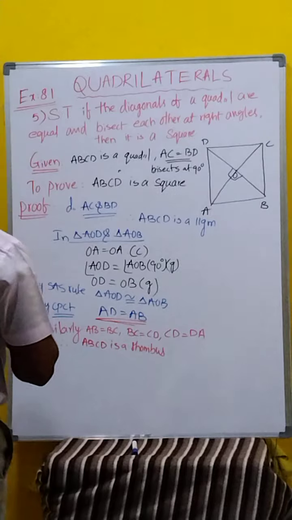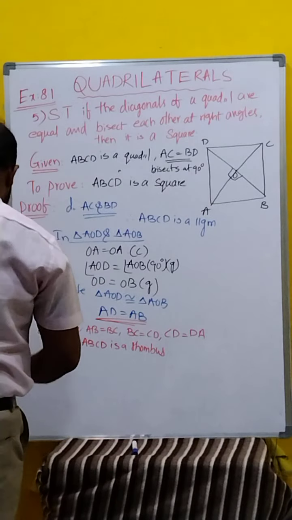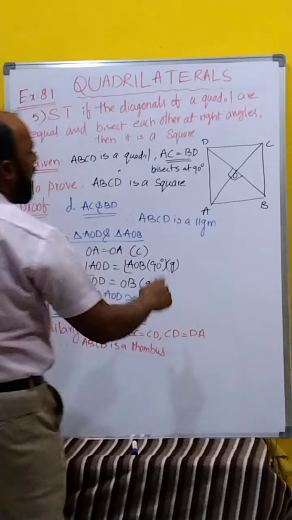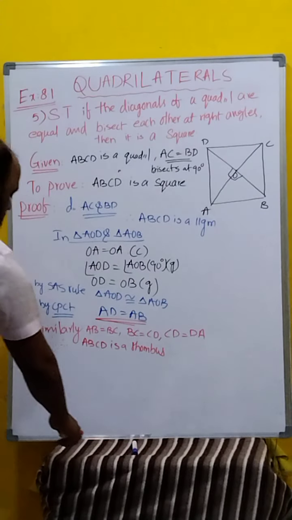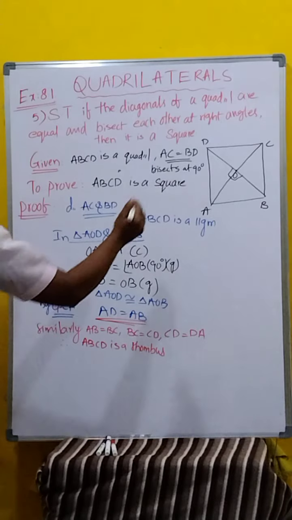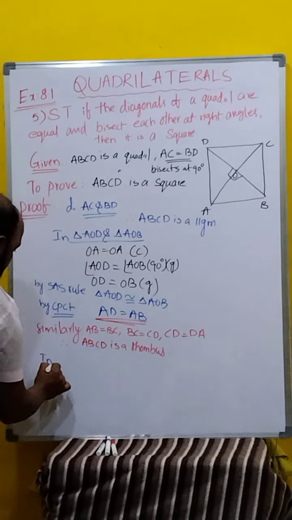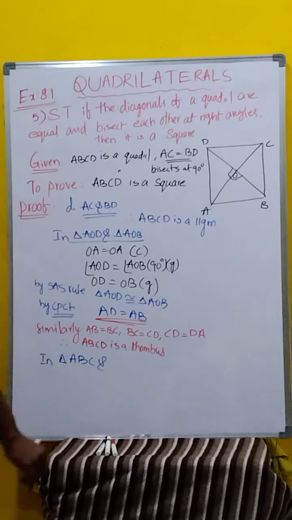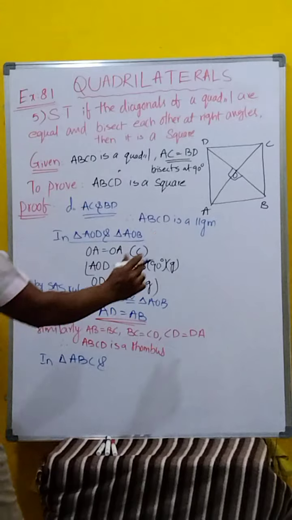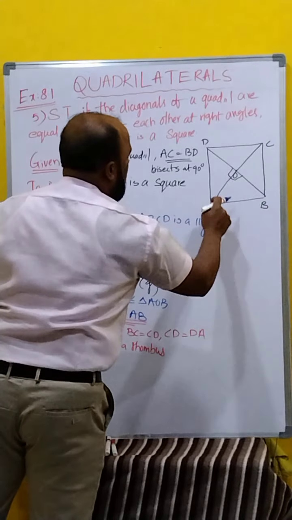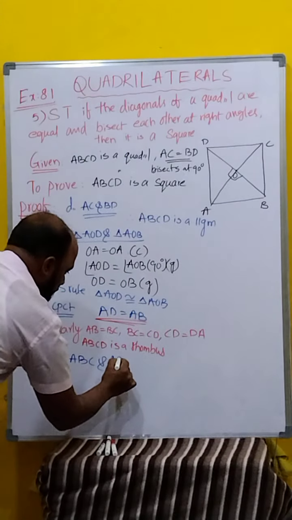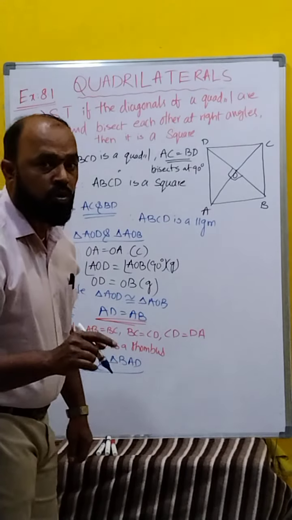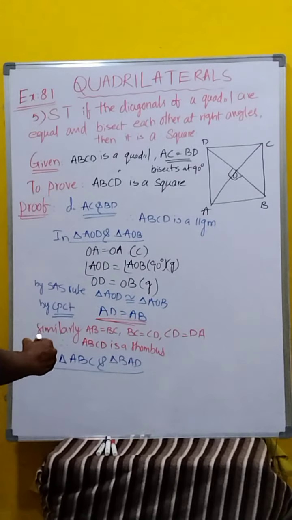Clear, children? Now observe here, in triangle ABC and triangle BAD. These two triangles, we have to prove both are congruent.